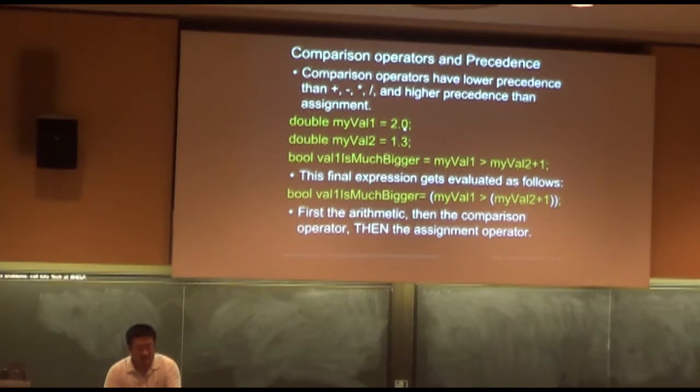At the time, my val1 would be equal to 2, my val2 would be equal to 1.3, and together that would be evaluated as true. And then afterwards, my val2 would be equal to 3.